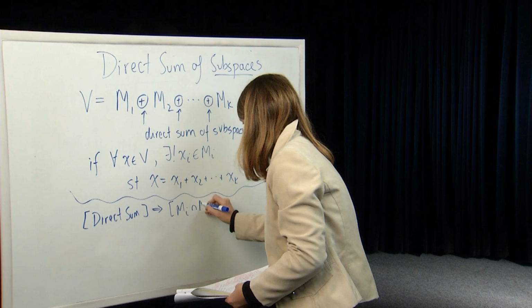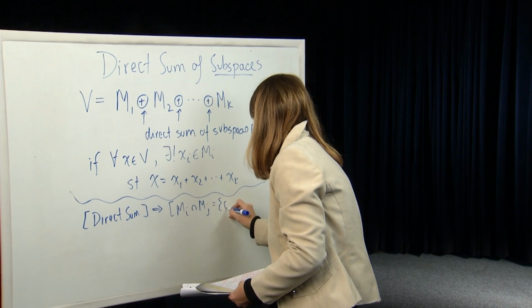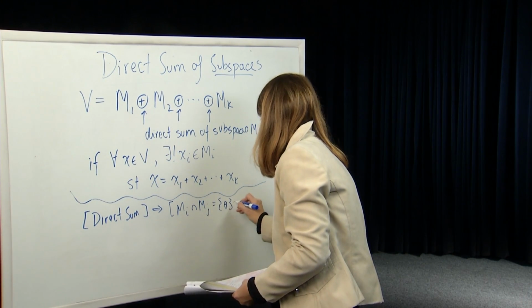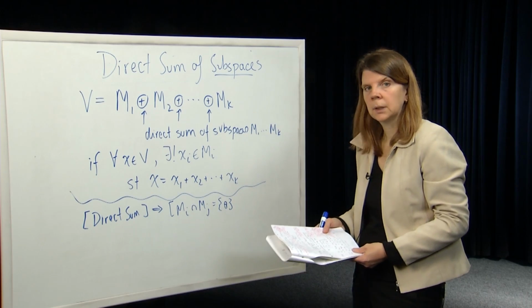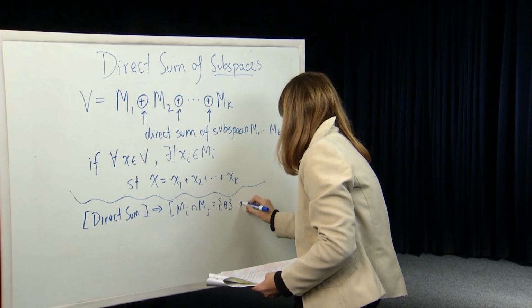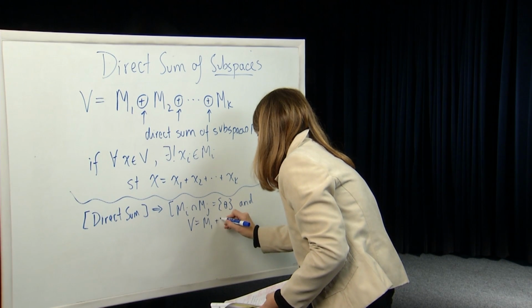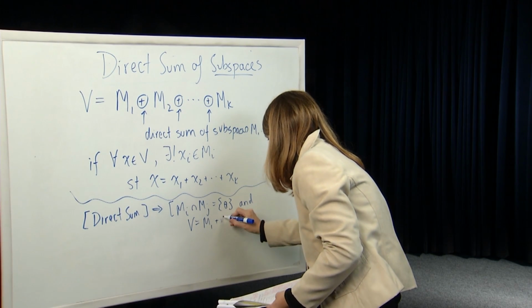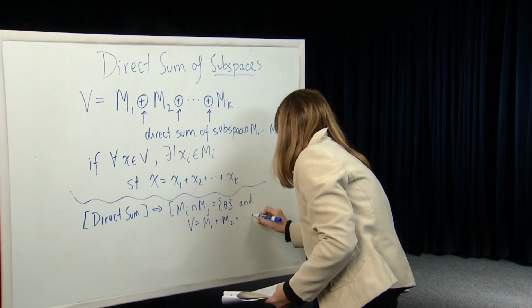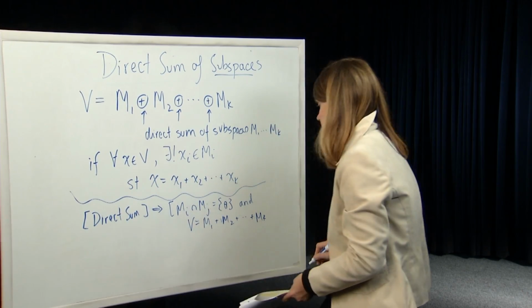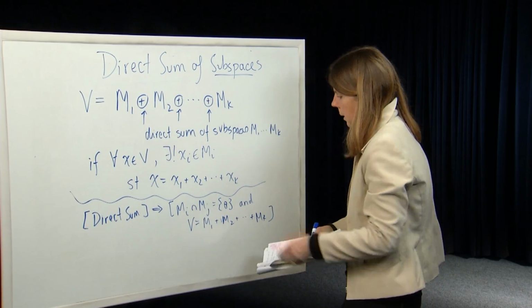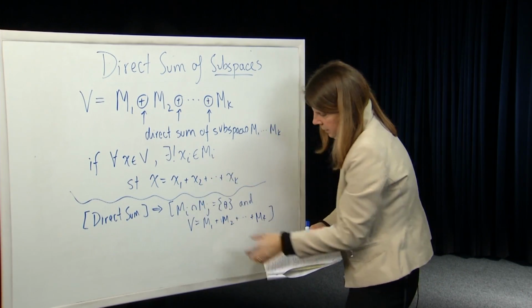Mi intersect Mj must be trivial. The only thing in their intersection is the 0 vector. And it also implies that V is equal to the sum of those spaces. So I can just remove the direct sum and write it as M1 plus up to plus Mk. Okay, so direct sum implies that direction.